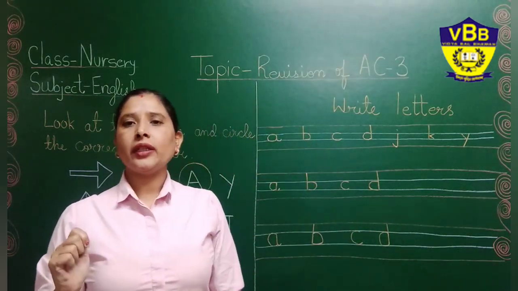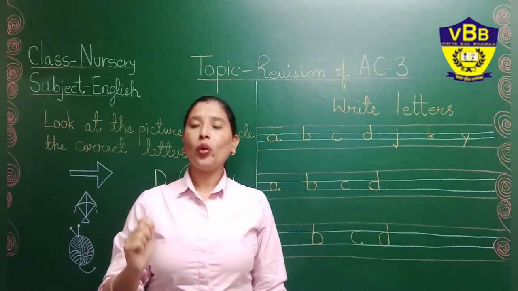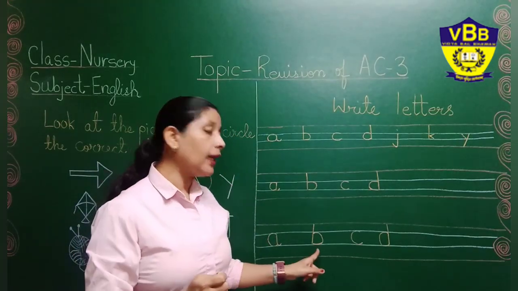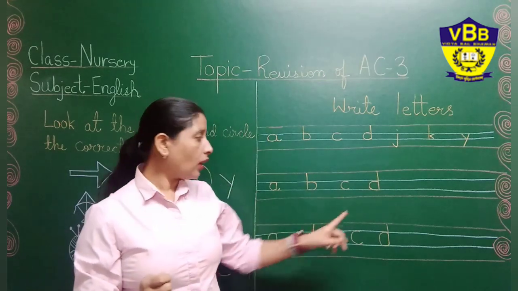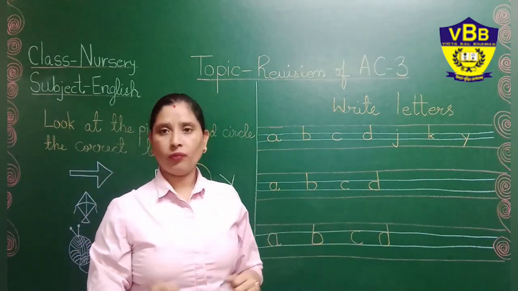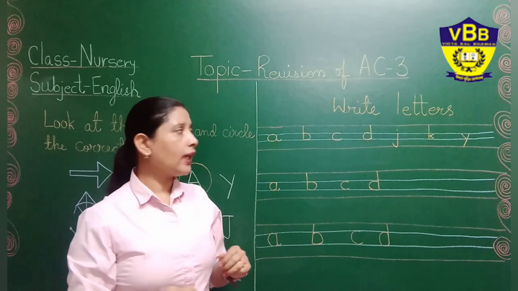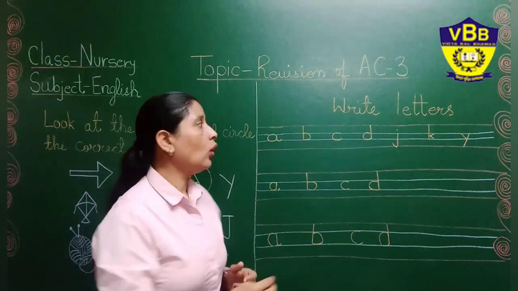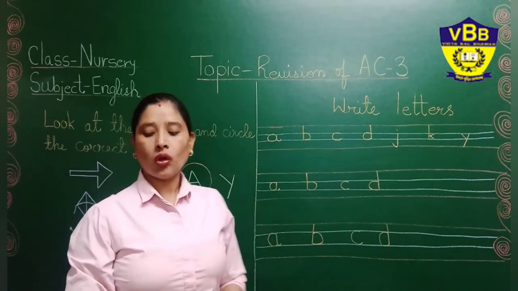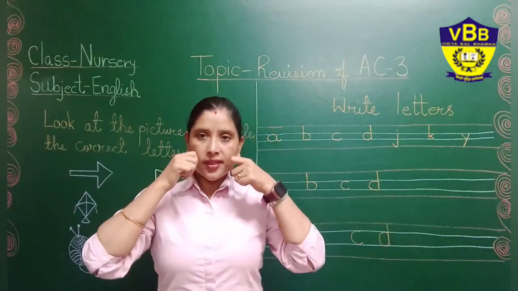My little tiny toes, there are few students who get confused between the letter B and letter D. They usually make the curve on the incorrect direction. So I will tell you what is the difference between letter B and letter D. So my little tiny toes, you have 2 cheeks.